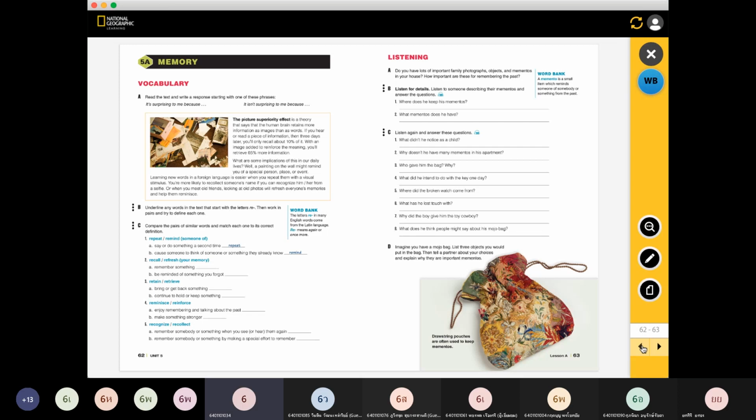I think it's used for thinking and controlling our body.